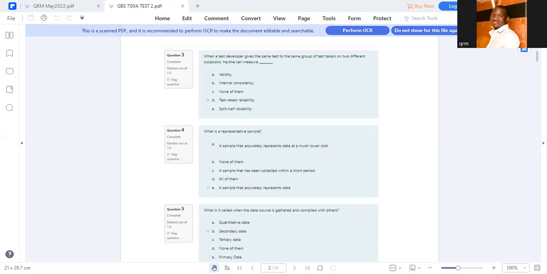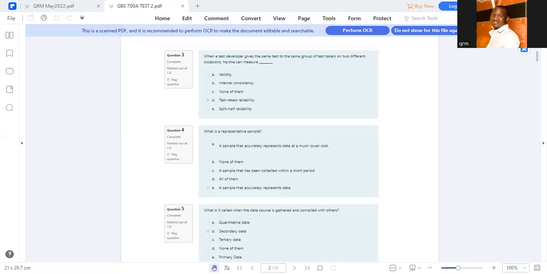Now, just in depth, explaining these concepts. Our approach is not only knowing which answers are correct, we also want to understand the concept behind each of these. So when you're talking about validity, validity basically looks at whether the test we're doing is doing a good job.